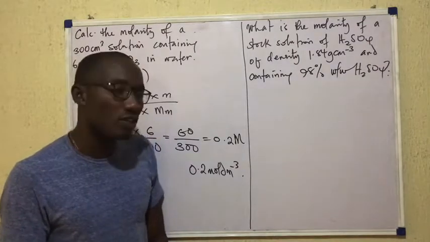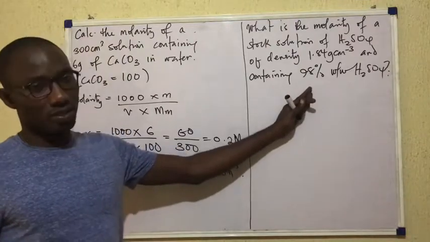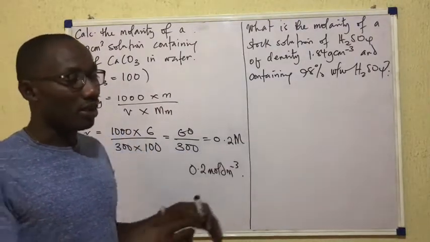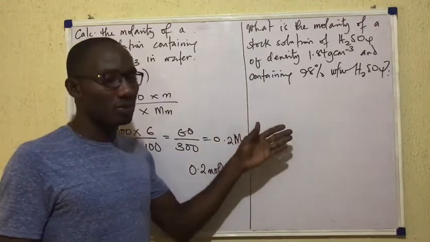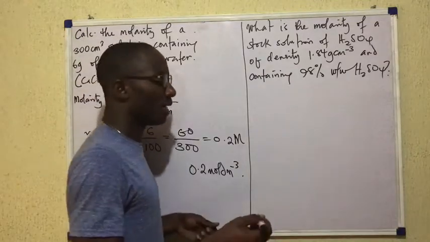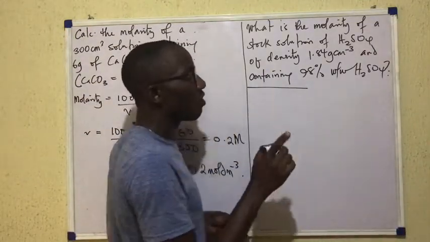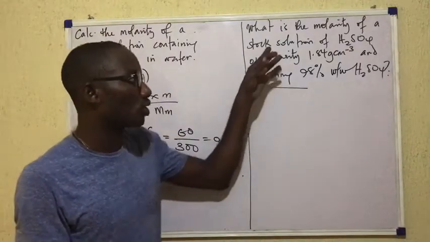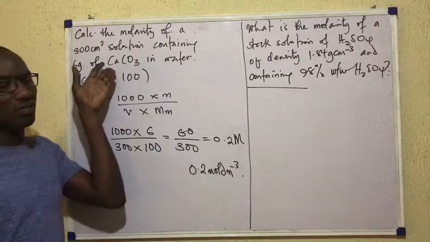If we're given this question in an exam, there's the conventional way of solving it, where you solve for some time and you get the answer. But one simple method I have devised for questions like this: remember, this is a question on stock solution, different from ordinary molarity of dilute solutions.